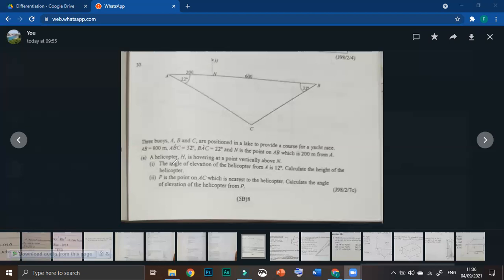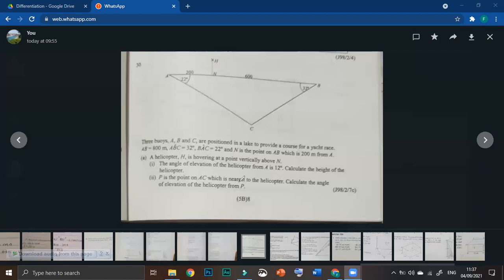A helicopter H is hovering at a point vertically above N. This one is the helicopter H. Can you see the helicopter H? Yes, sir. Now, the question is, the angle of elevation of the helicopter from A is 12.